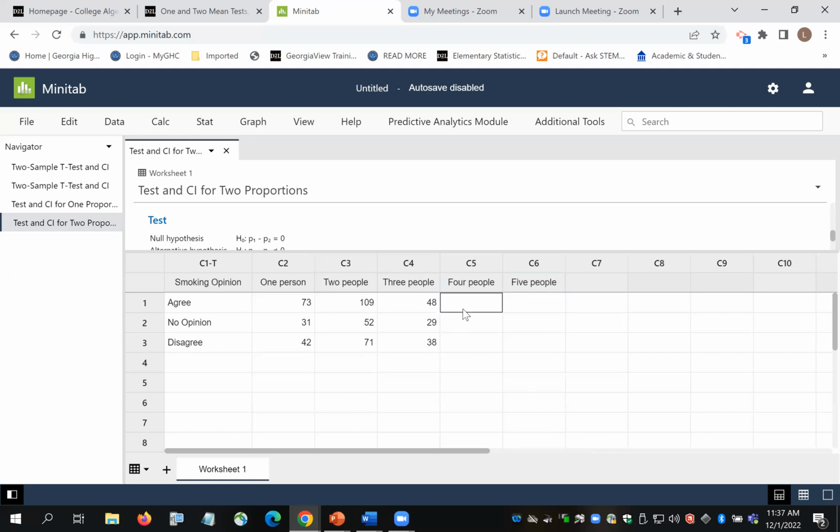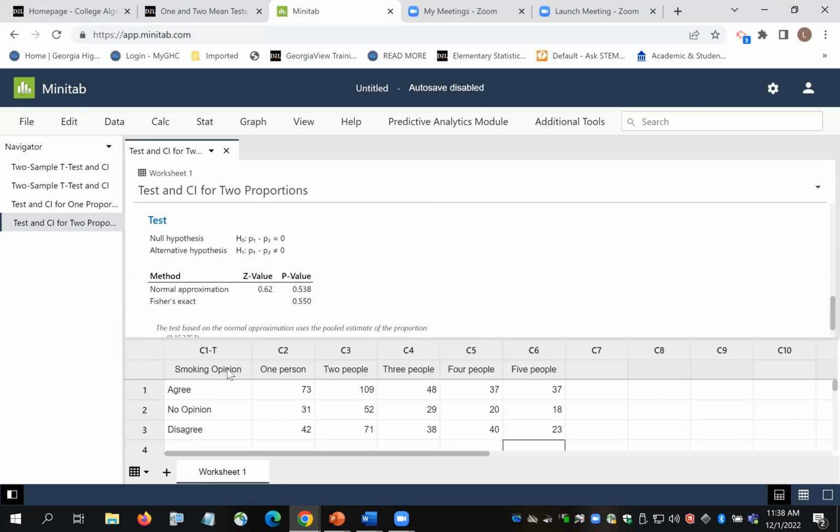Okay, so that's 3, 48, 29, 38. 4 people is 37. Okay, again, it took me a minute to get it in there. It's a little awkward trying to get that table in there. Okay, be careful. Make sure you double check your numbers.